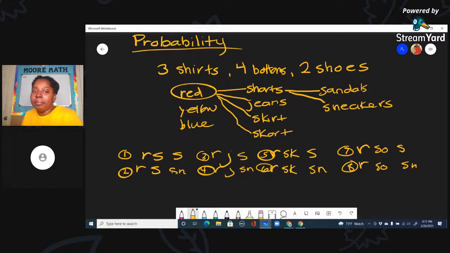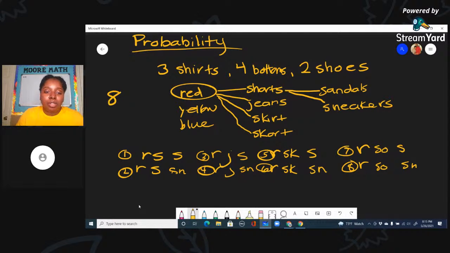You see that? Yeah. Okay, and then yellow, they're going to have the same 8, right? Yellow's going to have the same 8. Blue is going to have the same 8. Because all we're doing, it's still the same options. We're just changing that one thing. So once we list out all of the red, we can just do 8 times what?